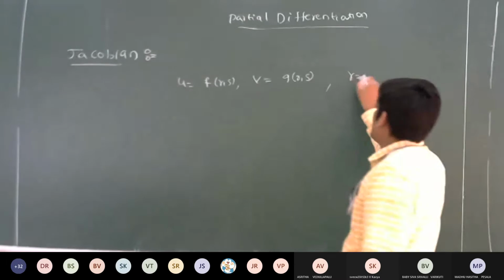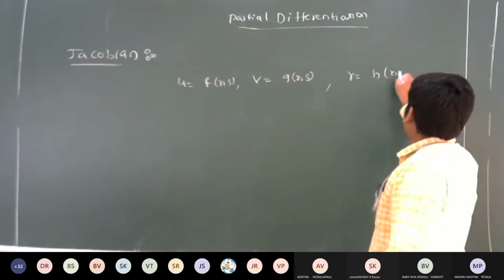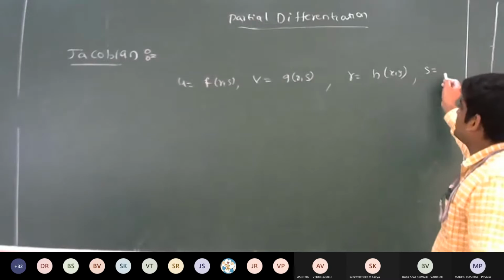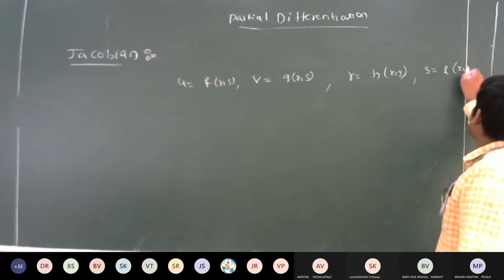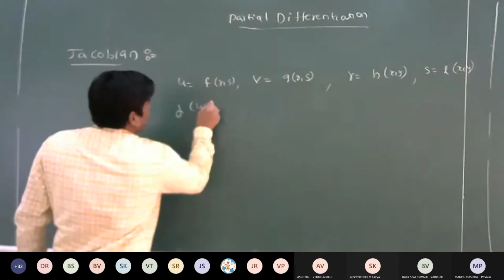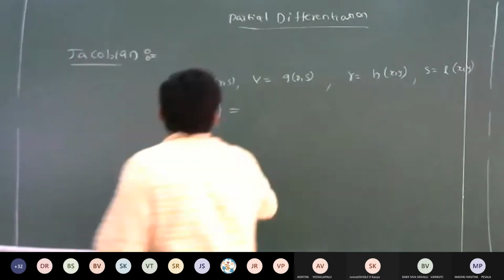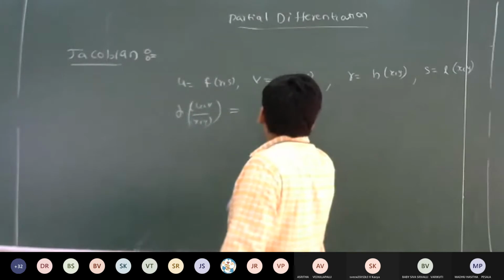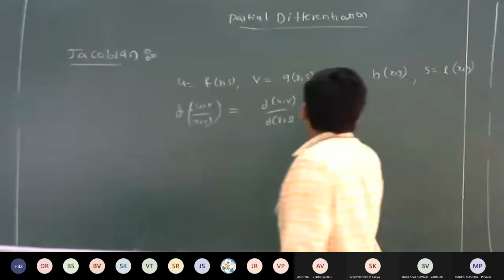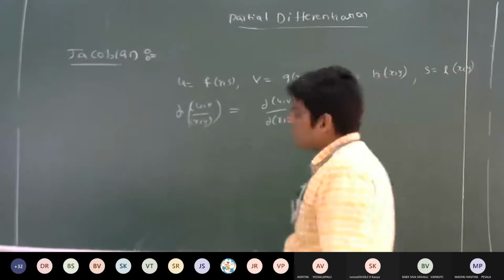Next, r is a function of x, y, and s is a function of x, y. In that situation, the Jacobian of u, v by x, y is defined as the Jacobian of u, v by r, s into the Jacobian of r, s by x, y.